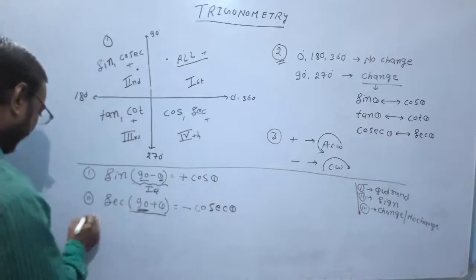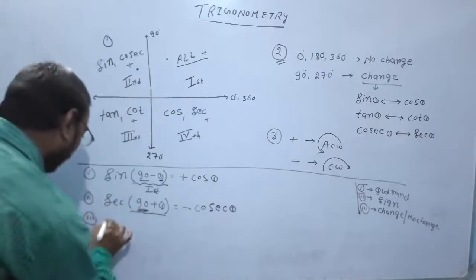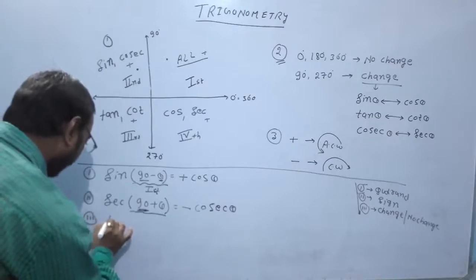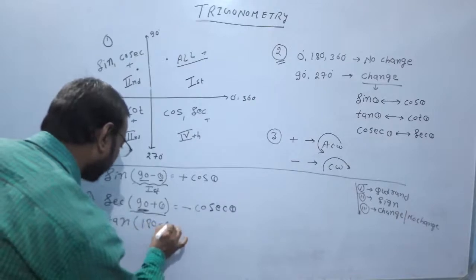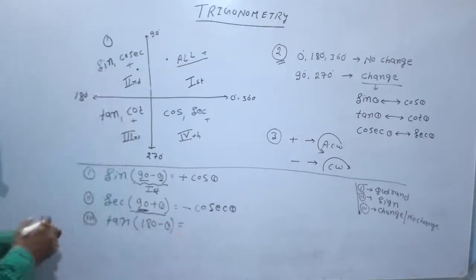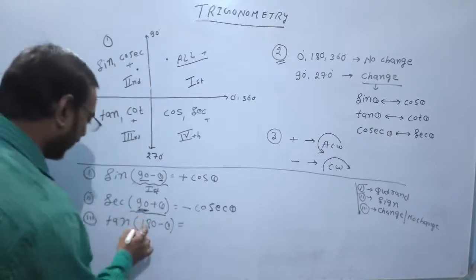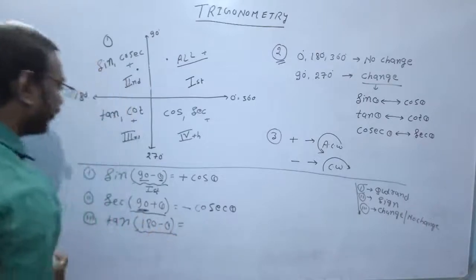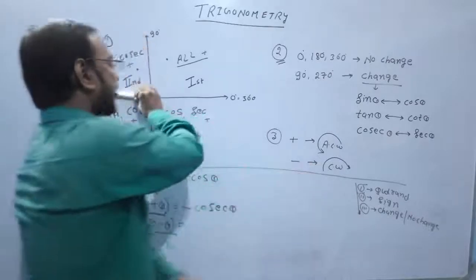Okay, let's take another example. What is the value of tan 180 minus theta? First of all, we must decide in which quadrant this lies. What is the quadrant for 180 minus? 180 minus means clockwise direction.